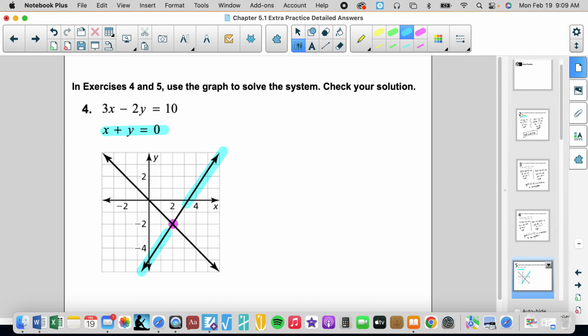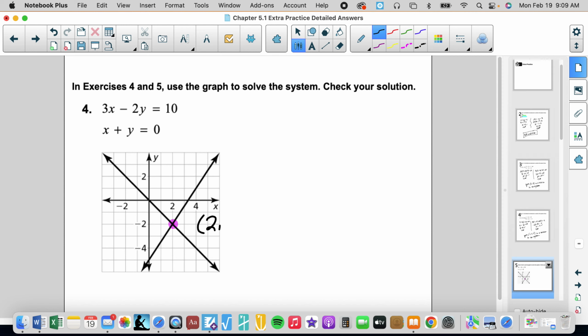Actually, I could figure out if that's that one, which it is not. So we're making the assumption that these equations have been graphed correctly. That's sort of how this question goes, so we don't have to worry about whether it's graphed. We're just taking their graphing for granted that they did it correctly.